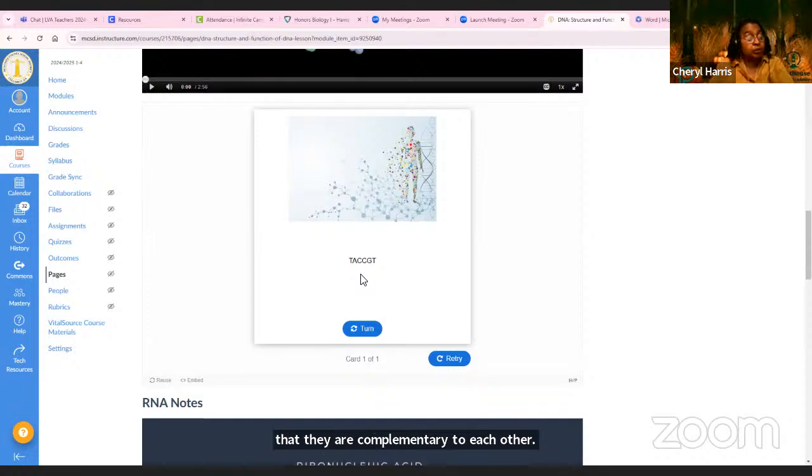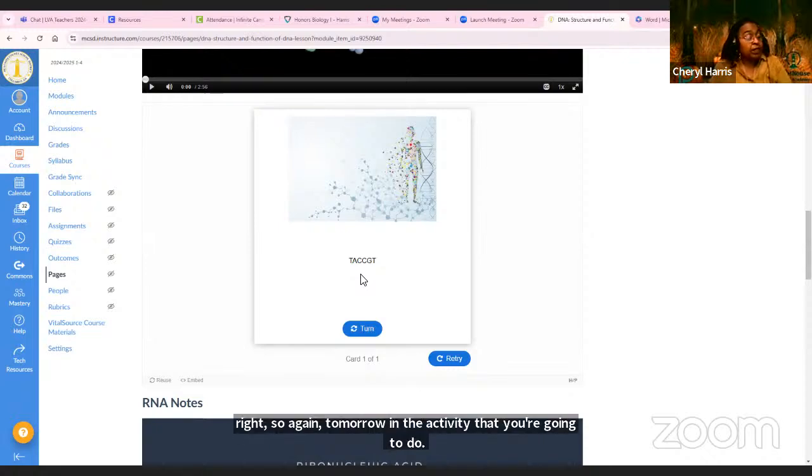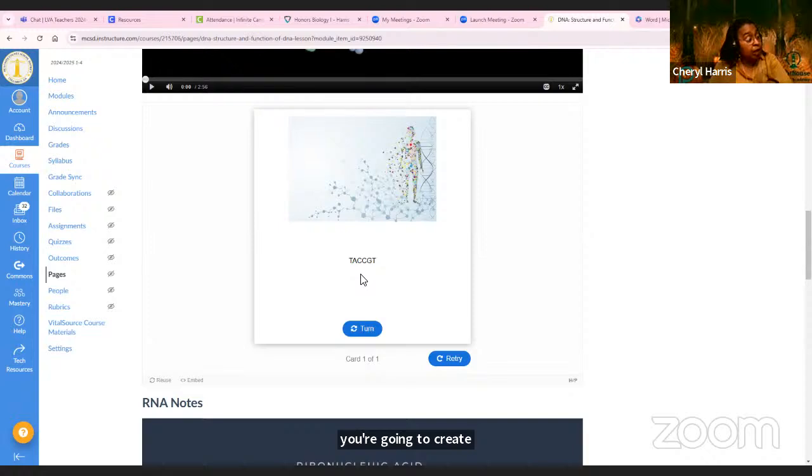All right, so again, tomorrow in the activity that you're going to do, you're going to create double-stranded DNA, and you're going to have to be able to complementary match the 2 strands together.